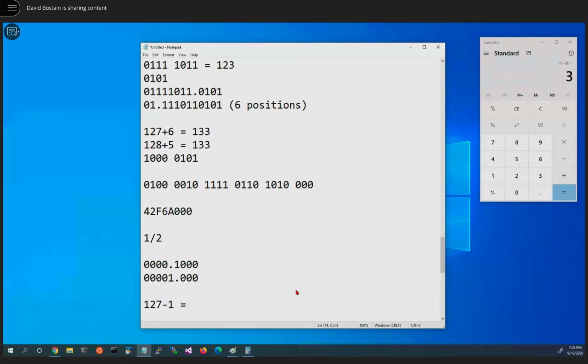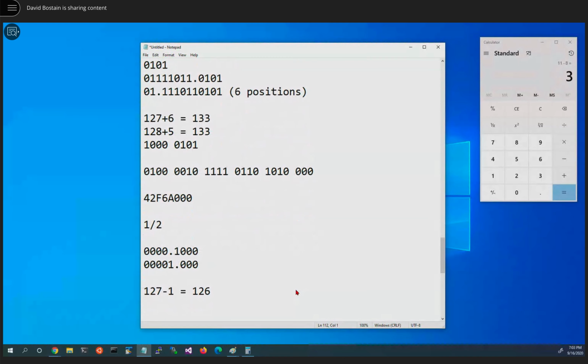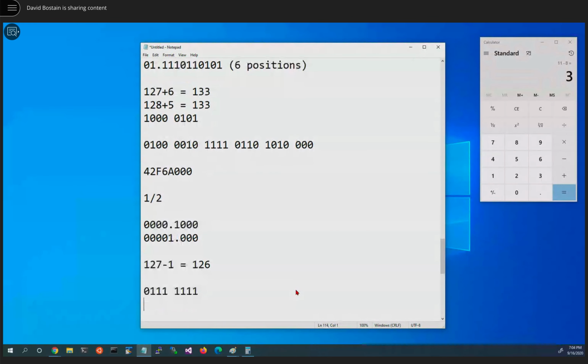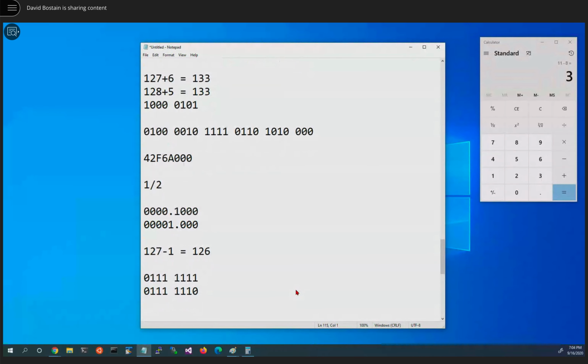So the number we need to encode is 126. It's one less than the 127 we had. So in this case, it would be appropriate just simply to take the number 127 and subtract 1 from it. So that's going to give us the exponent we need.